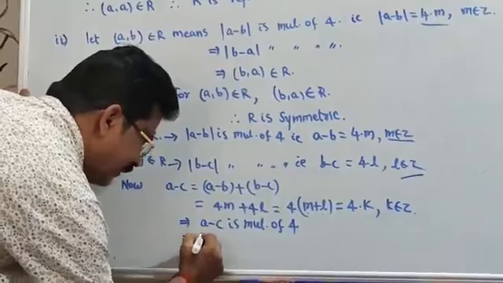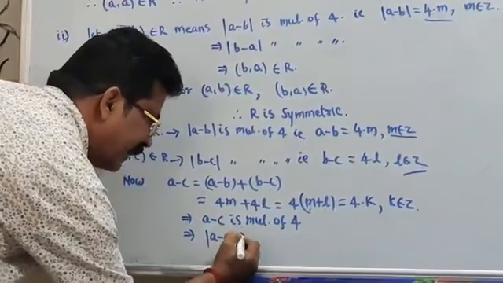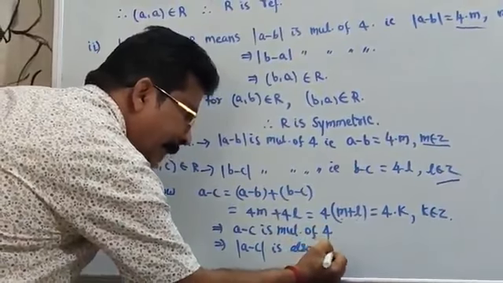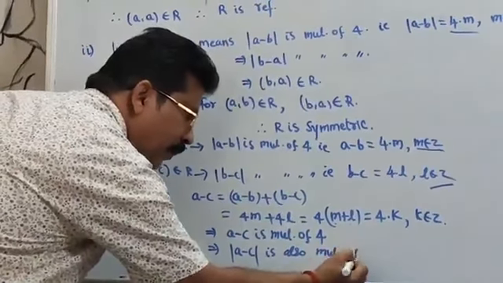So that implies modulus of a minus c is also a multiple of 4.